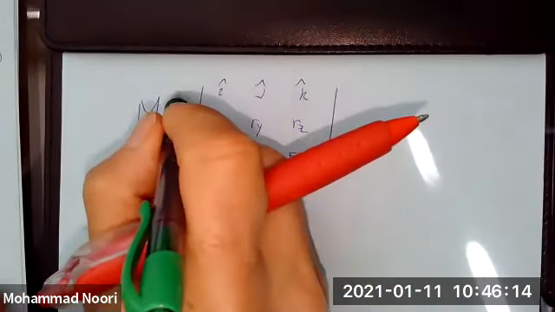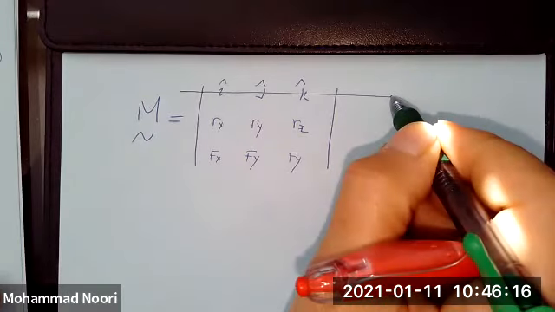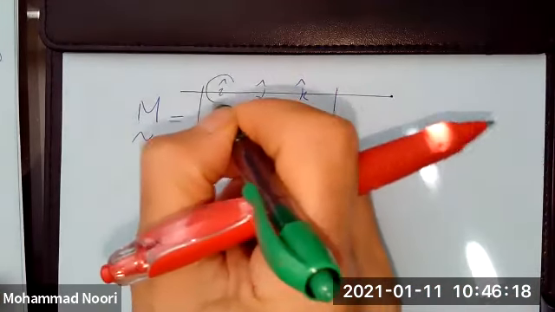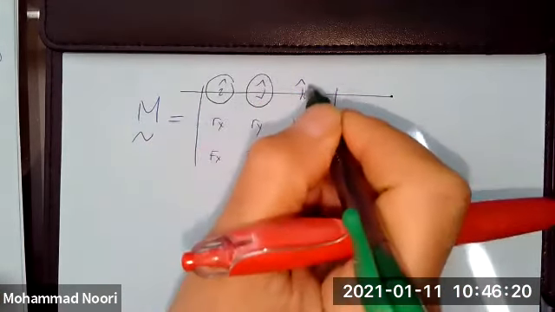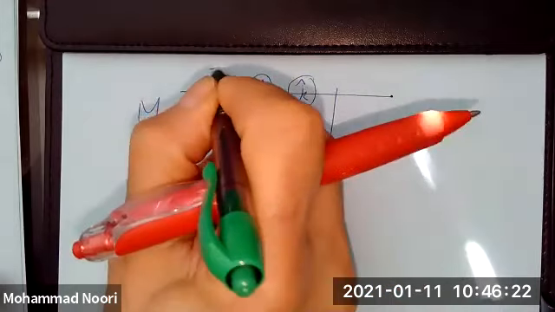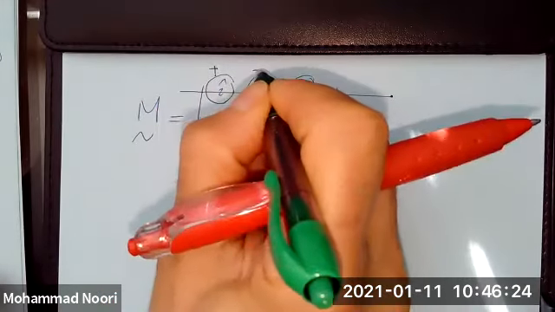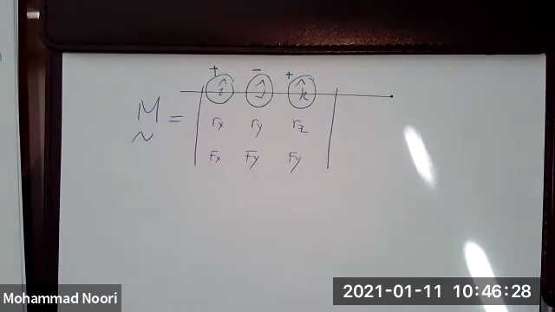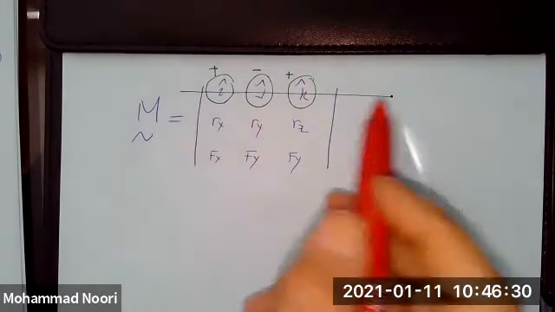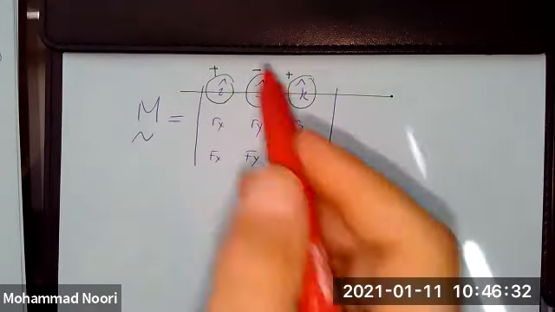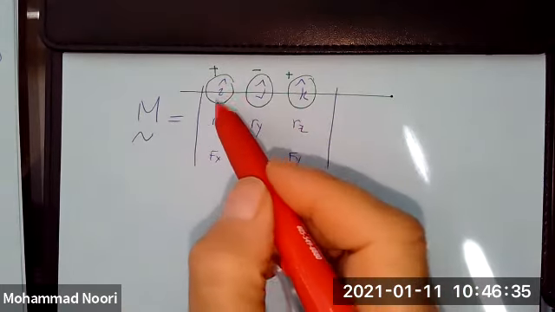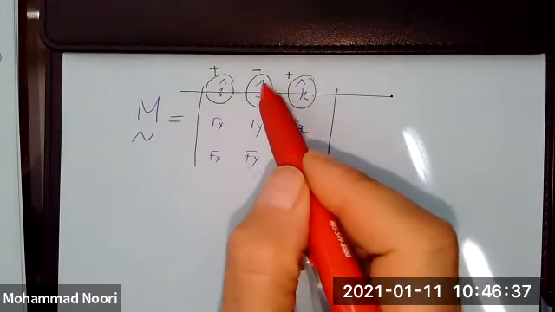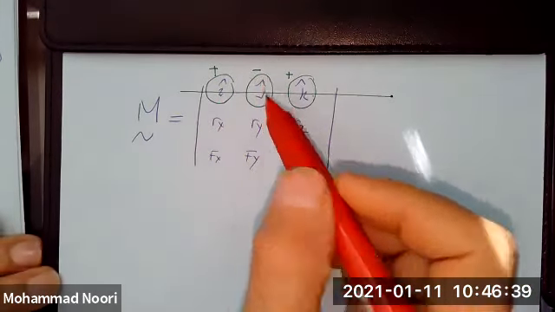You consider the first row. Each element of this row has a sign. The first one is always positive, the second one negative, the third one positive. If you have more than a 3 by 3, these alternating signs continue. But we are only dealing with 3, so these two have positive signs and this one has a negative sign.